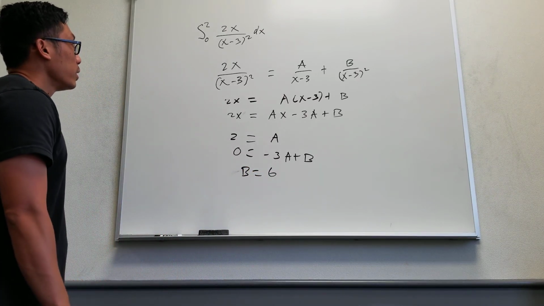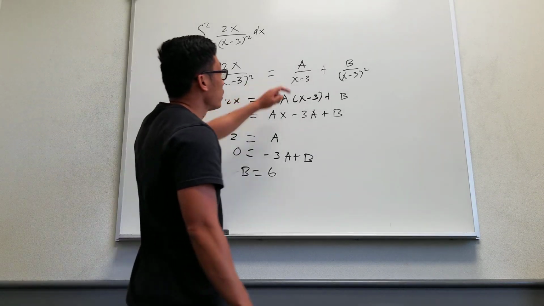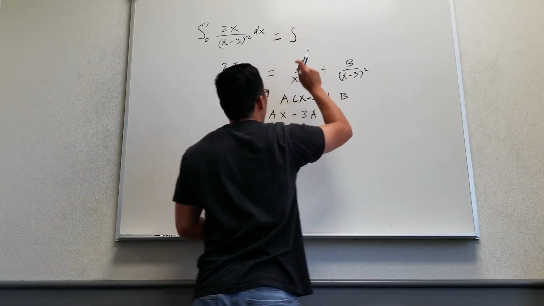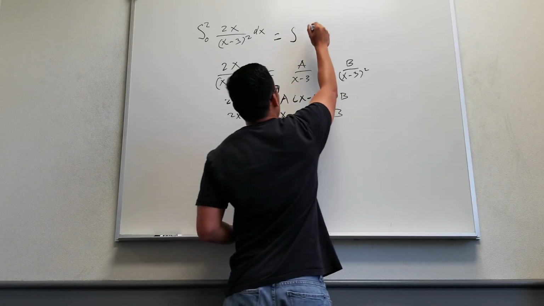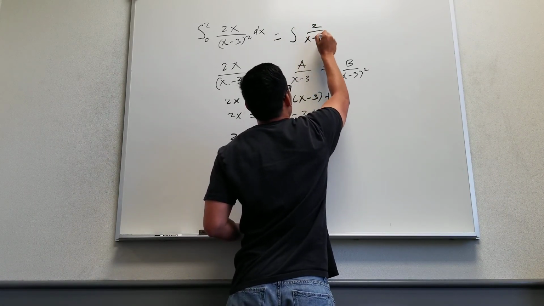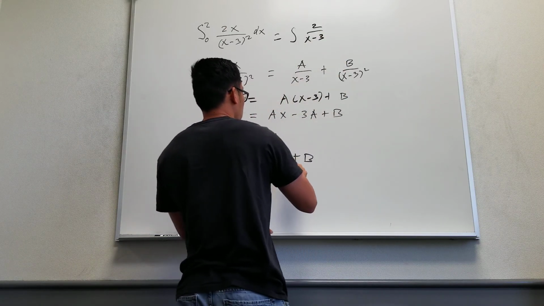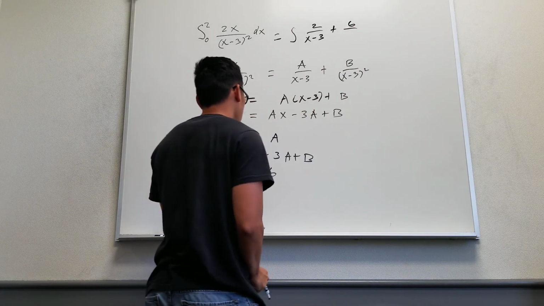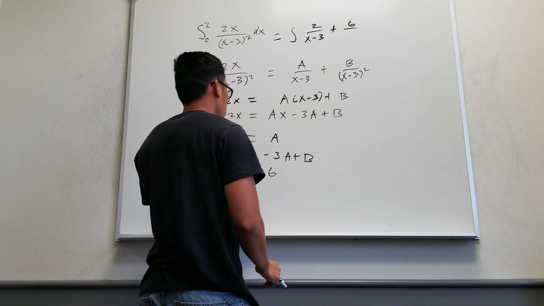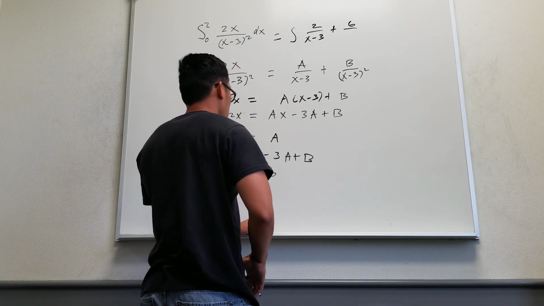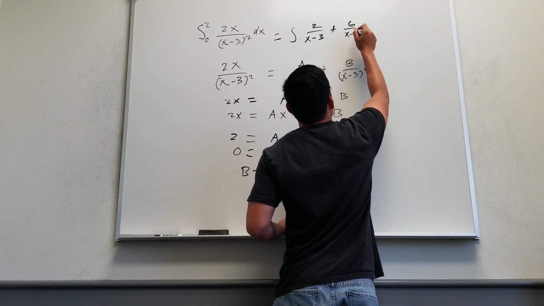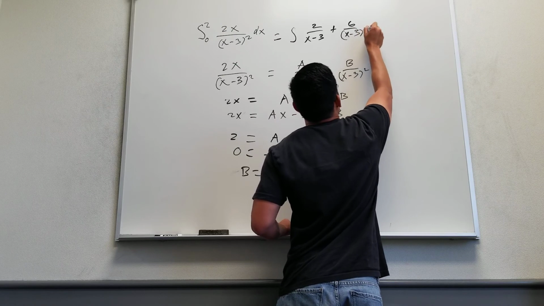Now we go back to this. What is A? So this is equal to 2 over x minus 3 plus 6 over (x minus 3) squared.